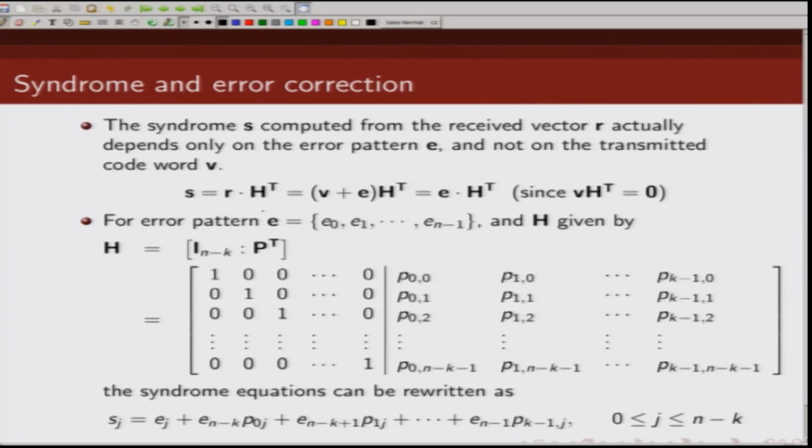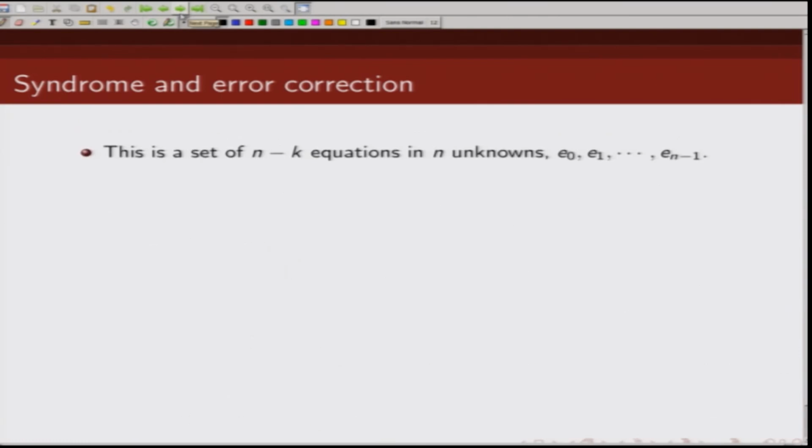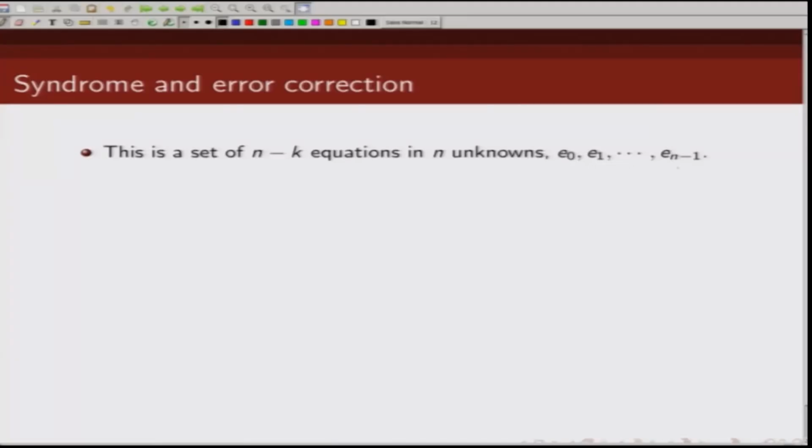So, we essentially had n minus k syndrome equations. So, we had a total of n minus k equations, and how many unknowns do we have? We have n unknowns from the error at location 1 to the error at location n. So, we have n unknowns E0, E1, E2, up to En minus 1, whereas we have only n minus k equations.